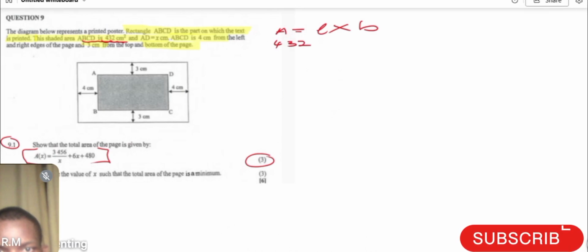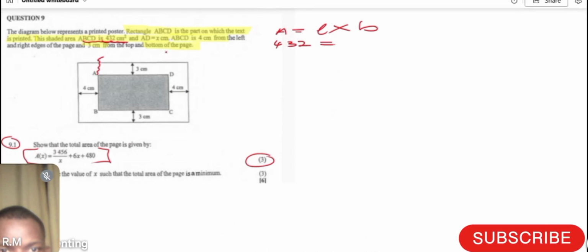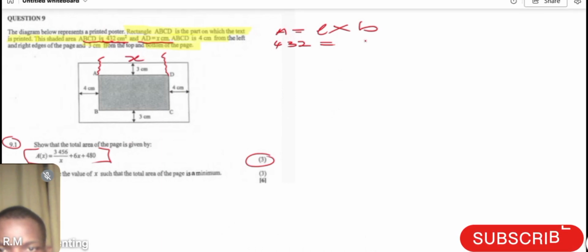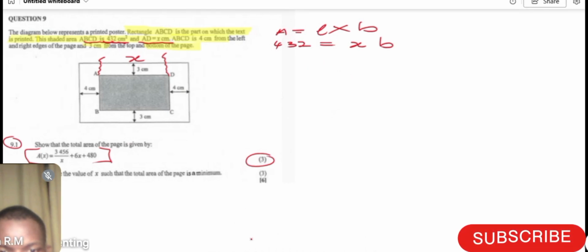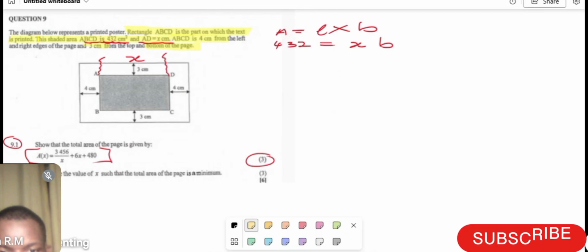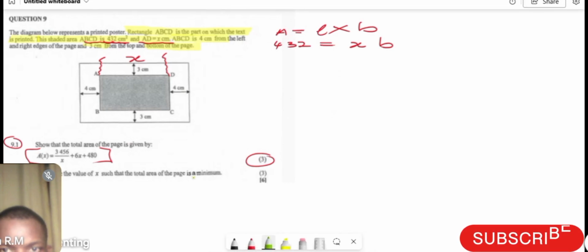The area given was 432, and they told us that the length was x centimeters, and we were not given the breadth. So we can just work with that and solve for b.